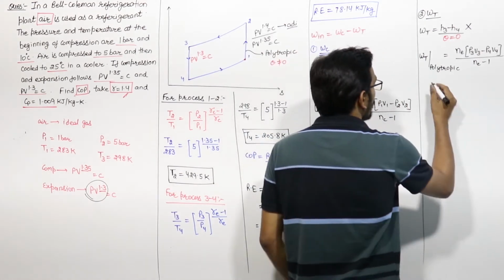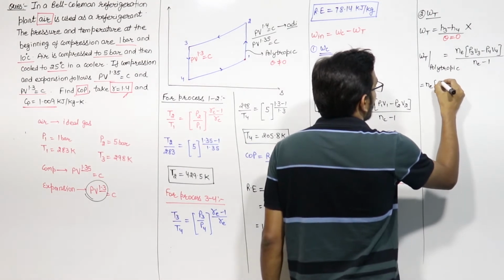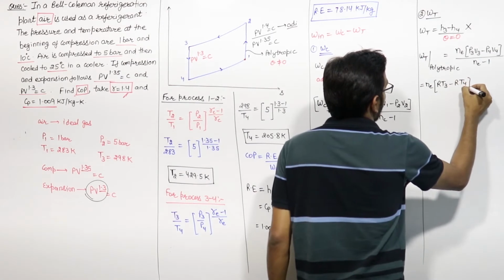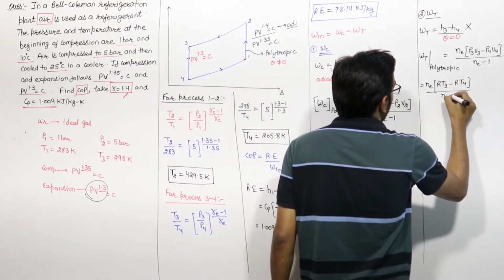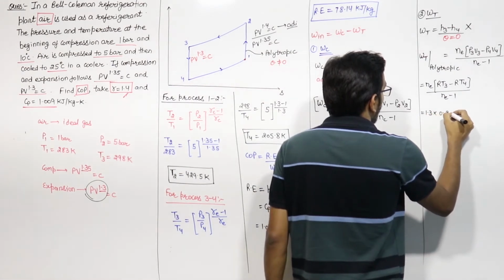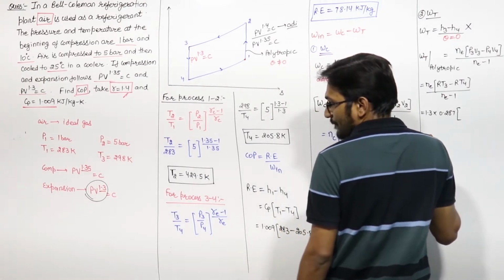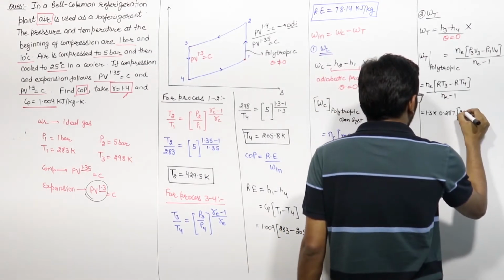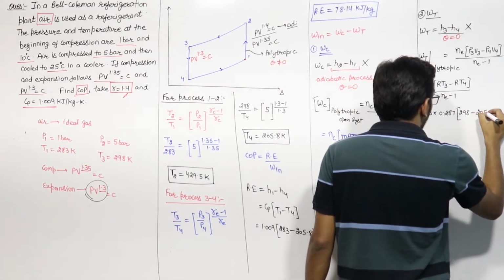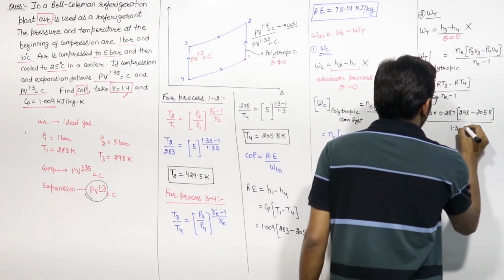Now this will be equal to n into, if I take per unit mass, (RT3 minus RT4) divided by (n minus 1). Put the formula: 1.3 into R, 0.287, into T3, 298, minus T4, 205.8, divided by 1.3 minus 1.